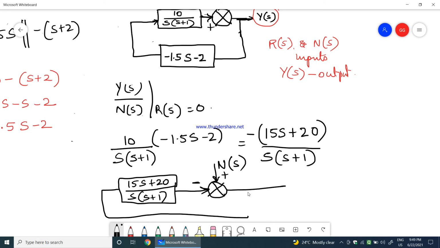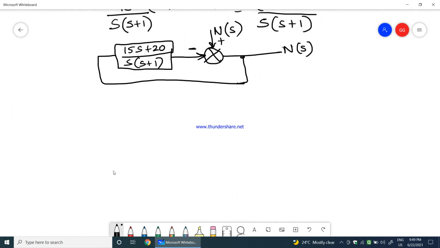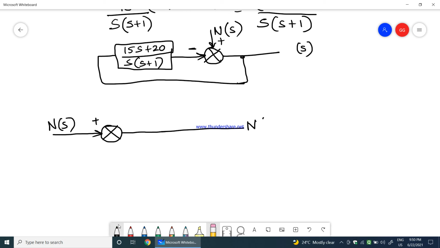Now instead of writing the block in this way, I'll just write in a different manner. Let me show you. So I have a summing point here. N of s is coming as an input, which is positive. Now I do have an output y of s.